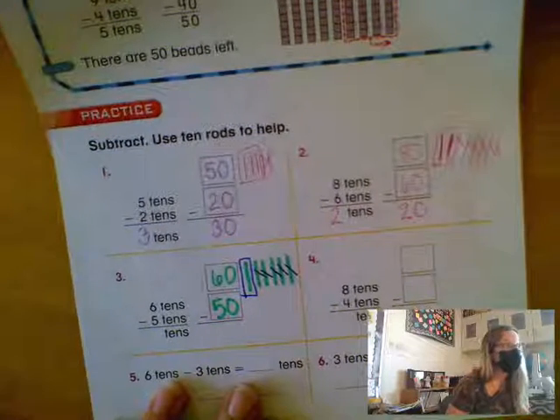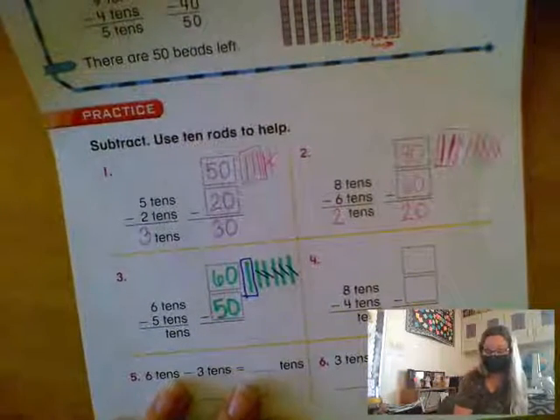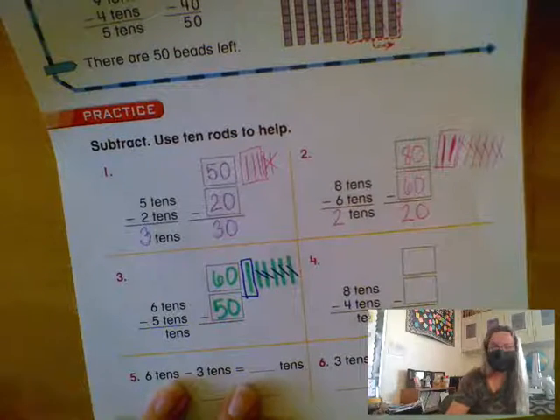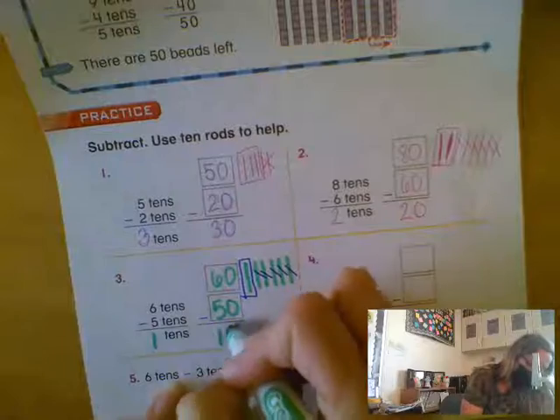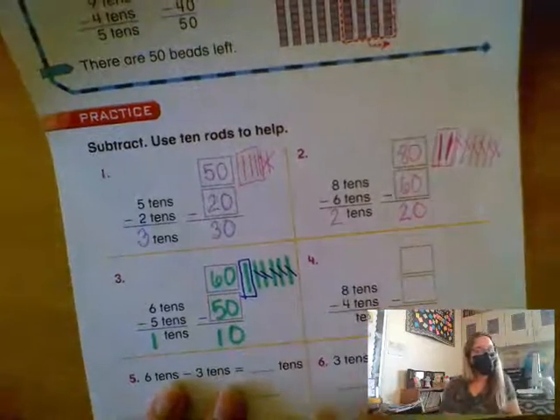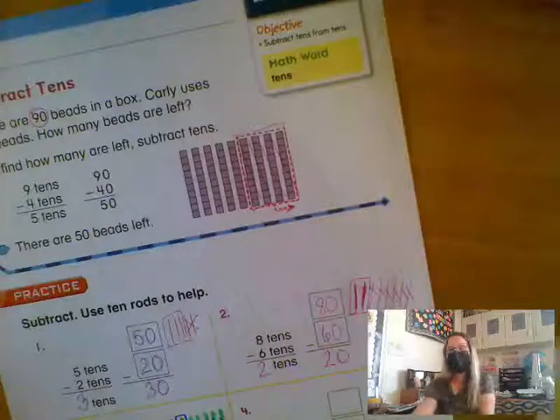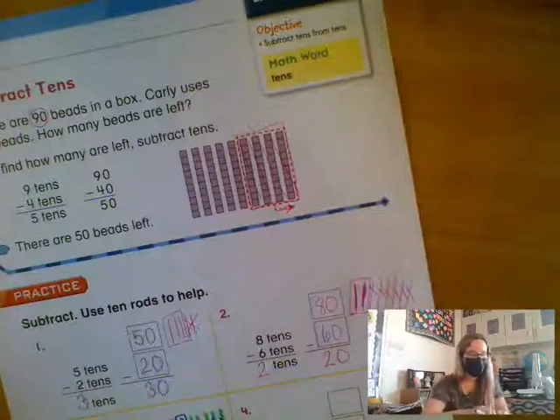I have 10 tens left? That's 100. I mean the 1 ten. 1 ten left. So I have 1 ten left, which equals 10, right?